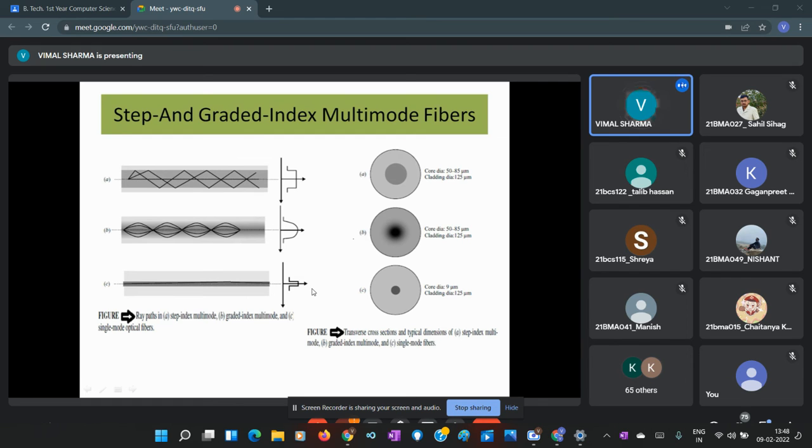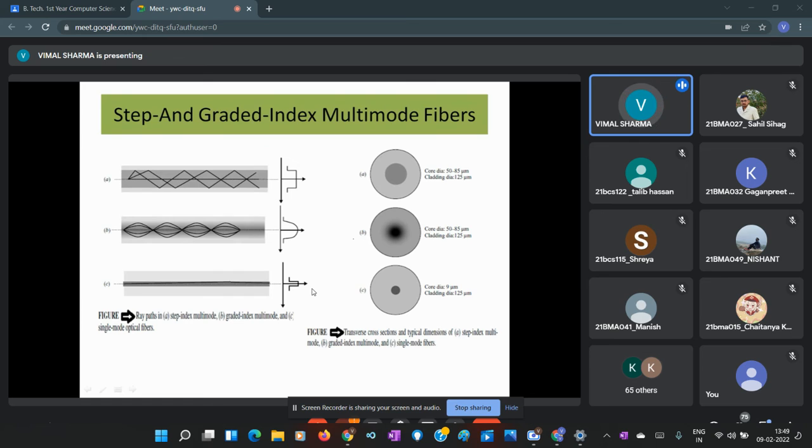When we keep this as the criteria to classify our optical fibers, that is, the number of modes, then we can categorize optical fiber into two, that is multi-mode optical fiber and single mode optical fiber.